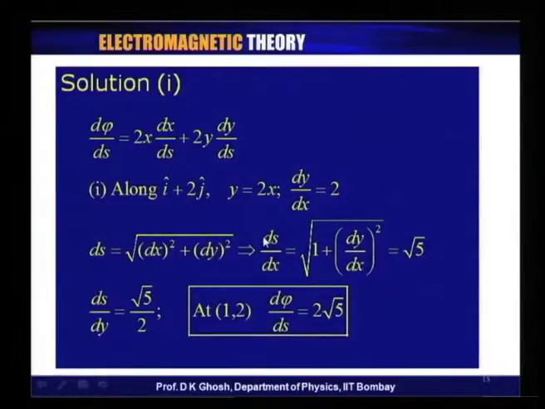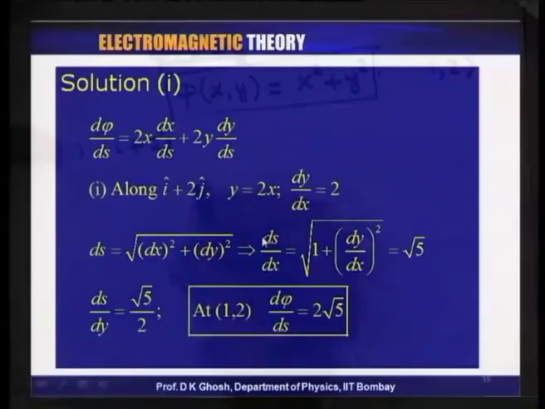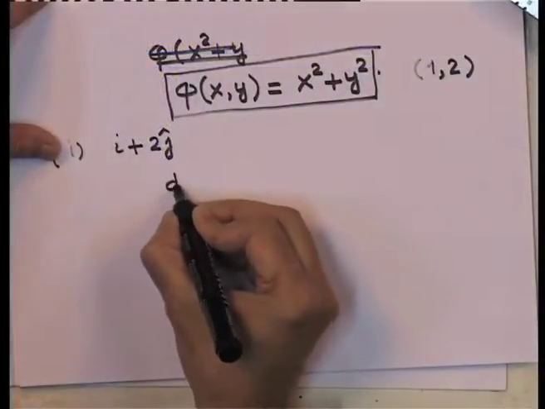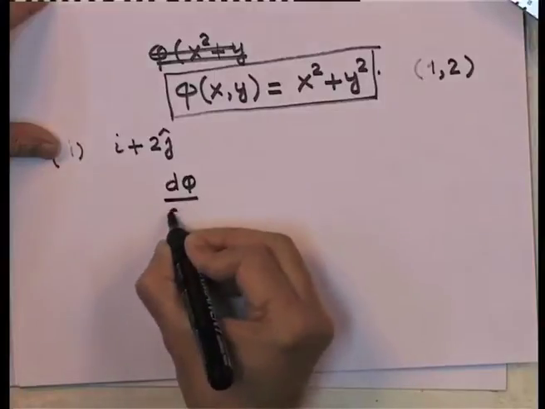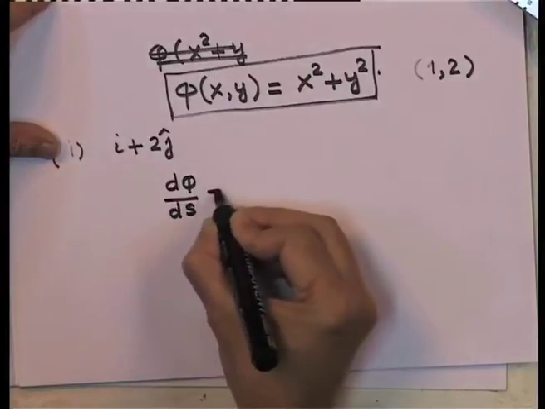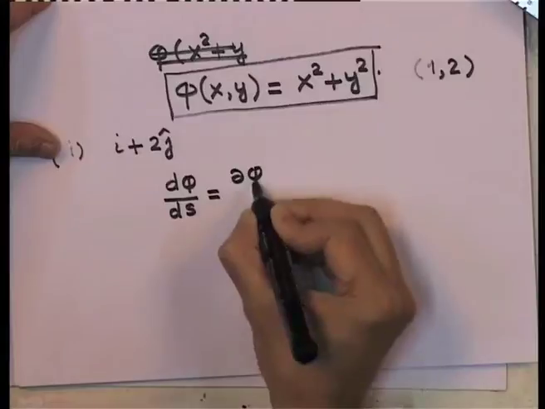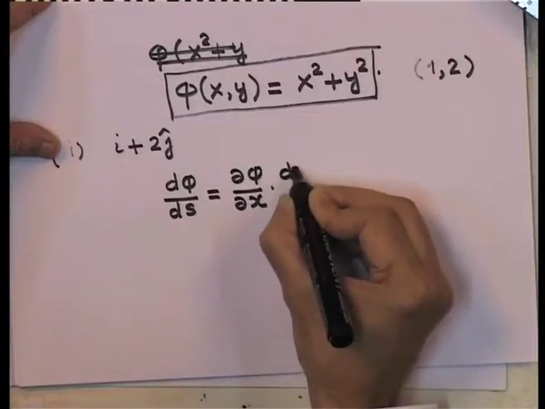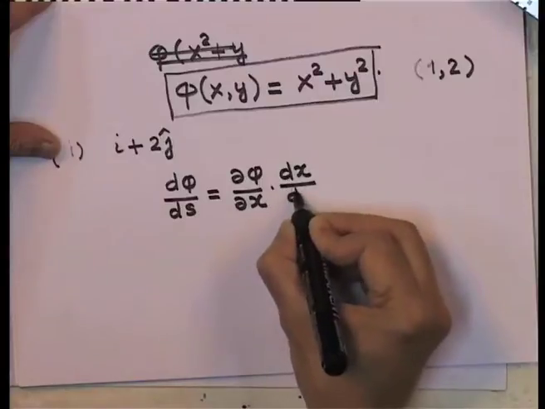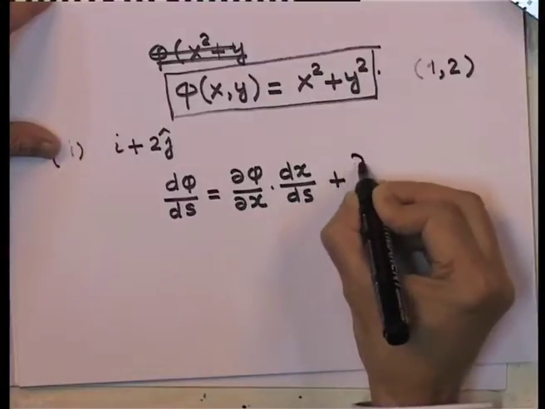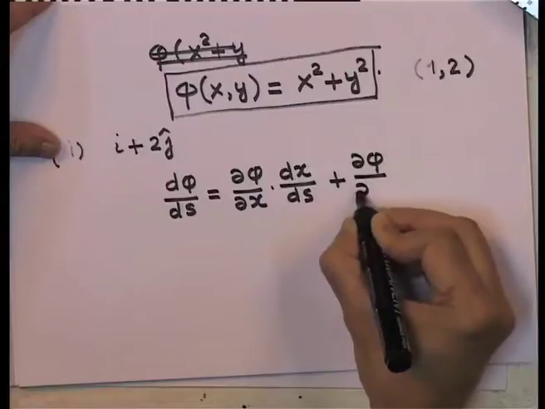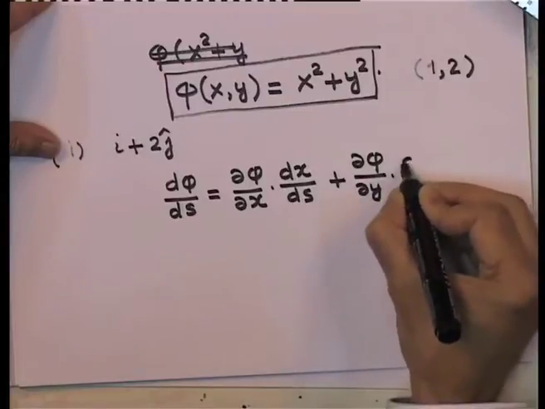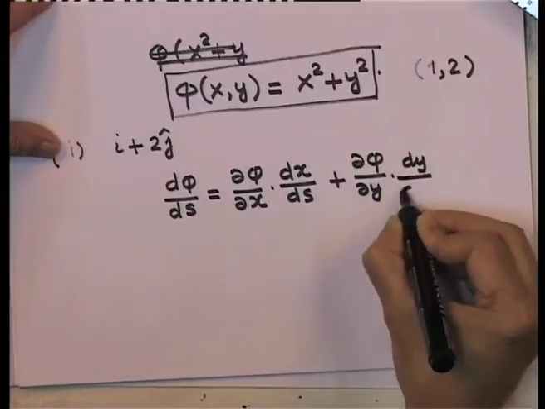Okay, so let us come back to the formula that we wrote down. We said d phi by ds, I will cut out the third direction, is partial phi with respect to x, dx by ds, plus partial phi with respect to y, dy by ds.